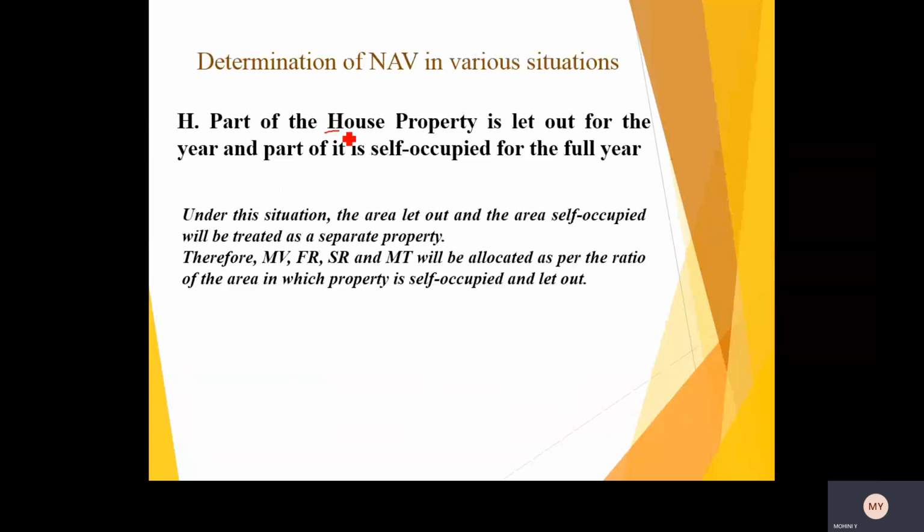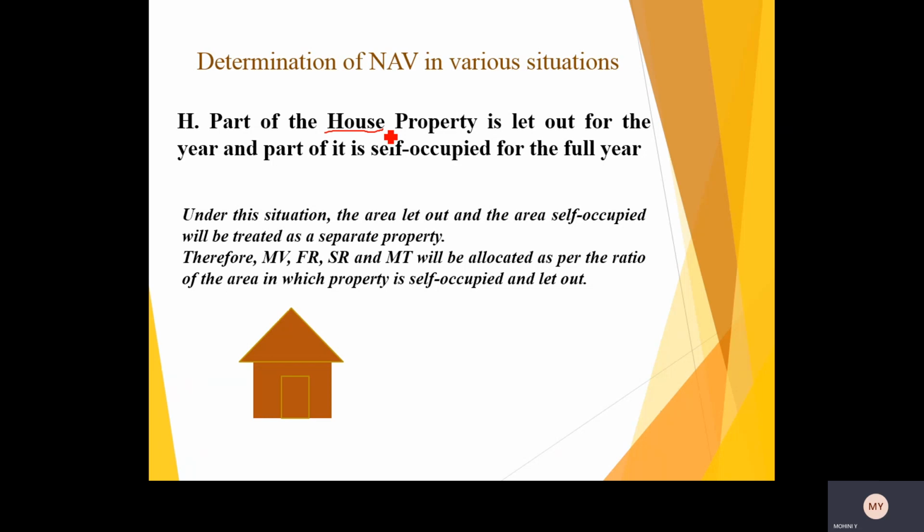Next, part of the house property is let out for the year and part of it is self-occupied for the year. Now it is talking about the house property, it is not talking about the year. The year is not divided; actually, the property is divided. That part of the property is let out and the remaining part is self-occupied. So in this case, we'll treat the parts as separate house properties and we'll allocate your municipal value, fair rent, standard rent and municipal taxes in the ratio of the area in which the property is let out and self-occupied.